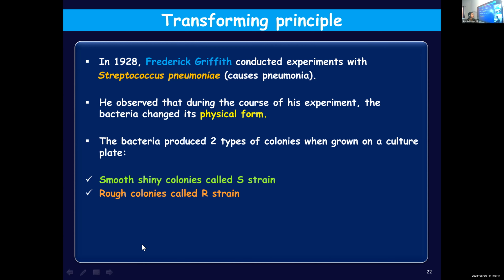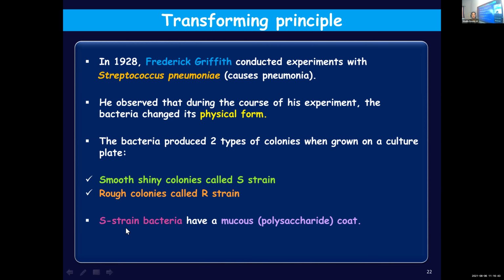Smooth, shiny colonies and rough colonies. 2 types. One was smooth, the other one was rough. Smooth colonies, he named as S strain, S for smooth strain, and the rough colonies went on as R strain. S strain bacteria got the name because its outer surface was smooth, because they had a mucus coating outside, which made the covering very smooth.